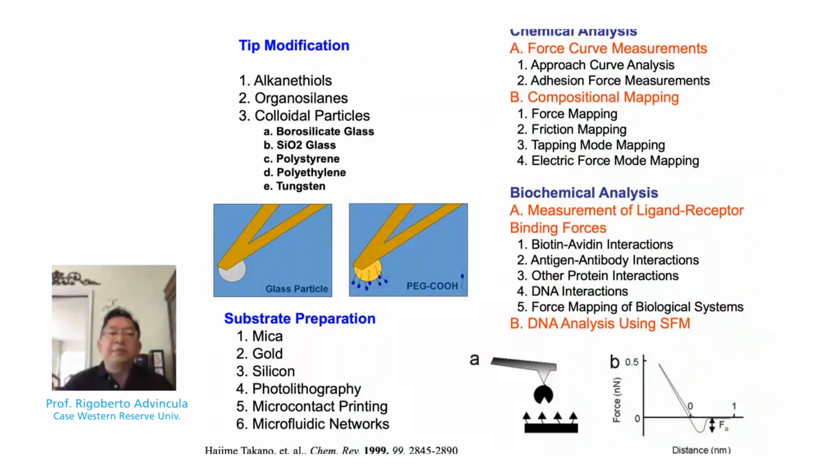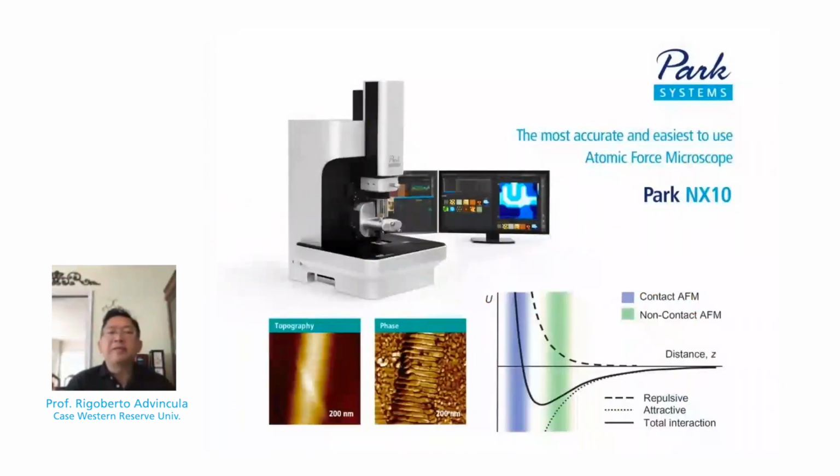So with that summary, I turn, of course, to the Park NX10, and there's a family of different instruments from Park. We, in particular, use the Park NX10 in a lot of our experiments. As a true non-contact mode, you can see here that it eliminates some of the possible effects based on repulsive and attractive forces.